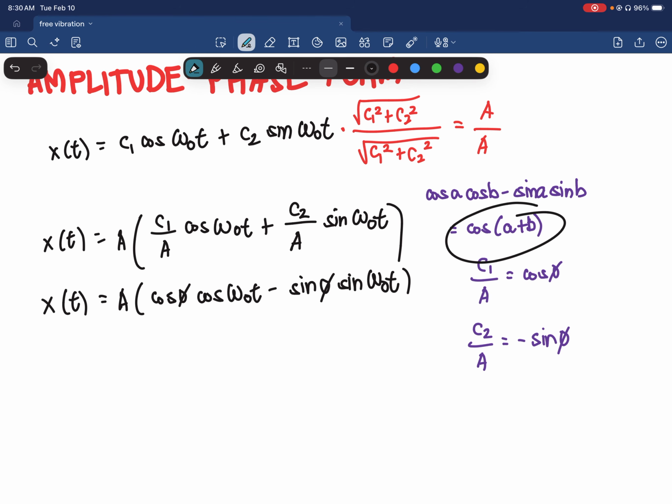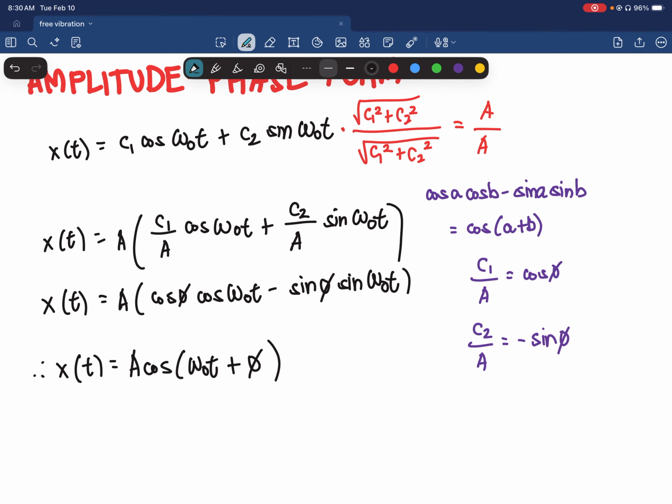And makukuha natin yung format na to. Therefore, x of t, that is equal to A, and then this is, or actually this is just cosine. Cosine omega naught t plus phi.